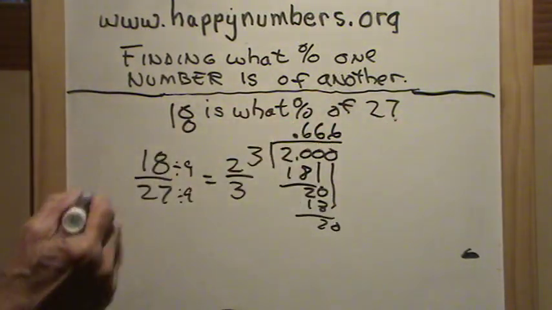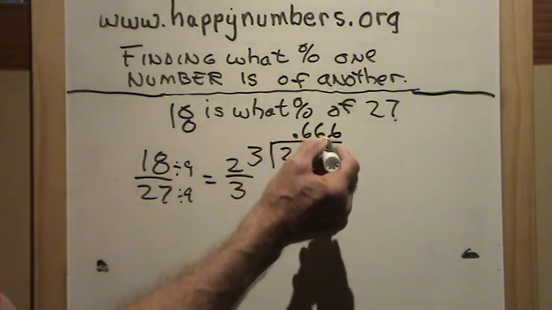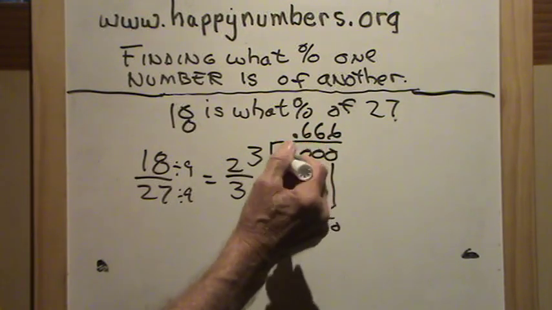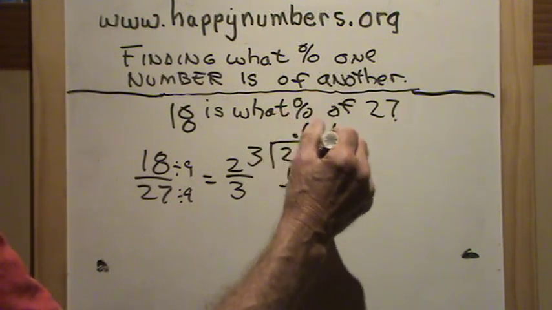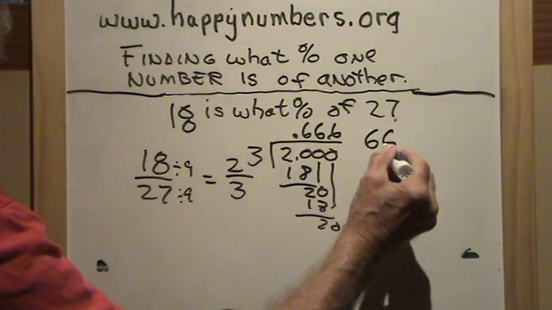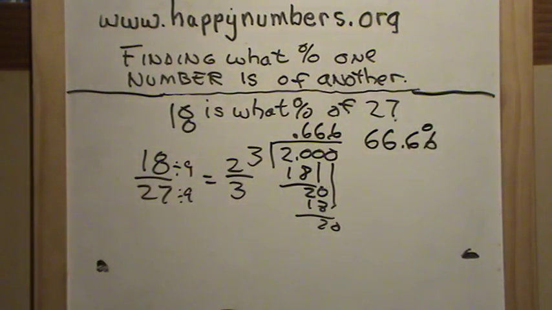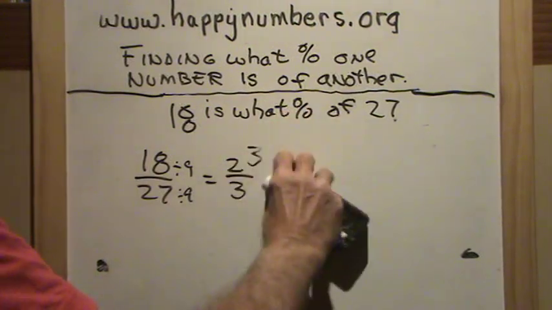So we can stop here. So we've divided 3 into 2, and we have a decimal fraction, and now we can change that to our percent. We know how to do that. If we're going from decimal to percent, we go 2 places to the right, and we get 66 6/10%. So the skill set is very, very simple.